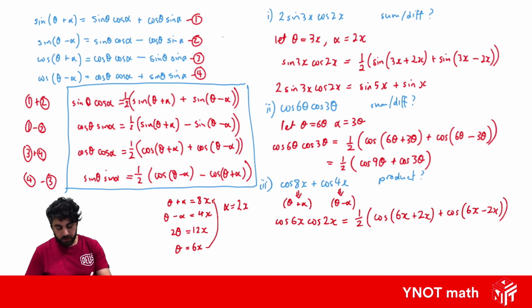So let's times both sides by 2. So we're going to get 2 cos 6x cos 2x equals cos of 8x plus cos 4x. And now we've successfully turned our sum of cos 8x plus cos 4x into a product equaling 2 times cos 6x cos 2x.